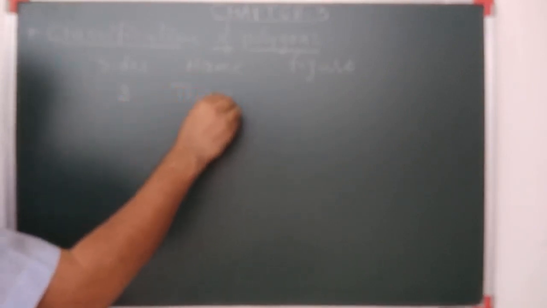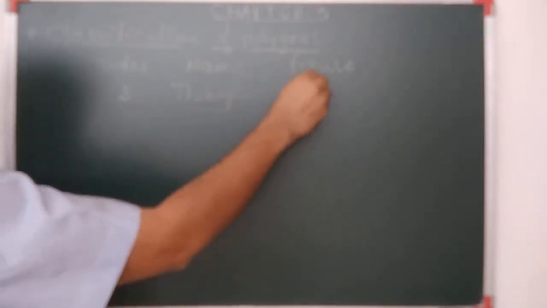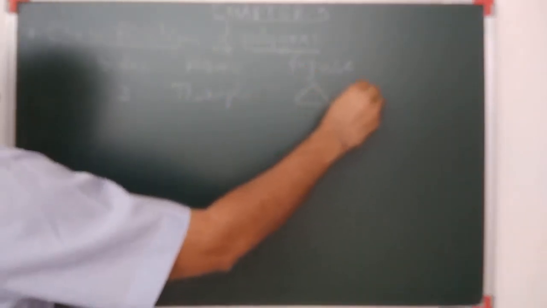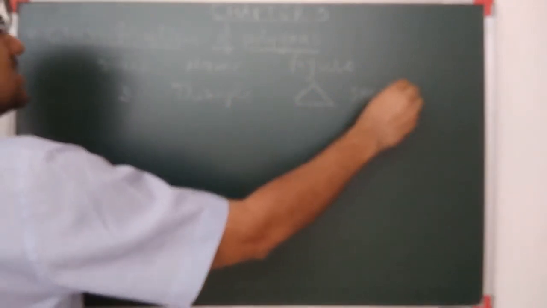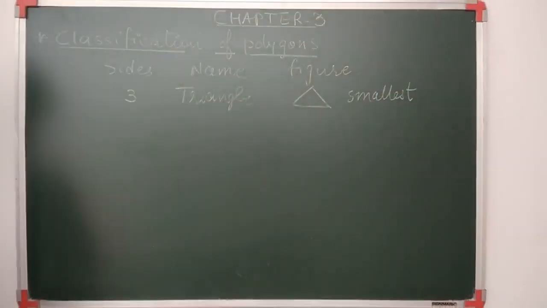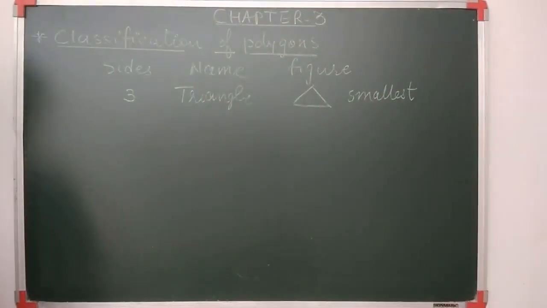If I take two sides, again that won't form a polygon. So 3 is the smallest number of sides required to form a polygon. When 3 sides form it, we give the polygon the name triangle. We all know the triangle with 3 sides. So we can consider the triangle the smallest polygon. Remember this, it is the smallest. This could be an MCQ in the exam.